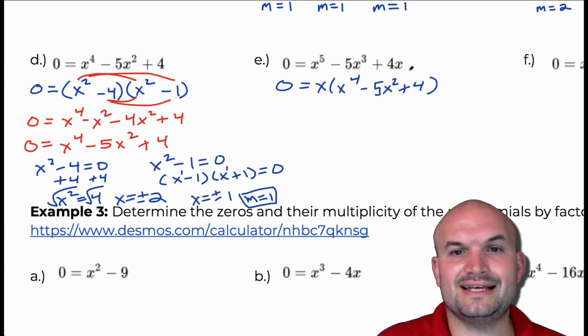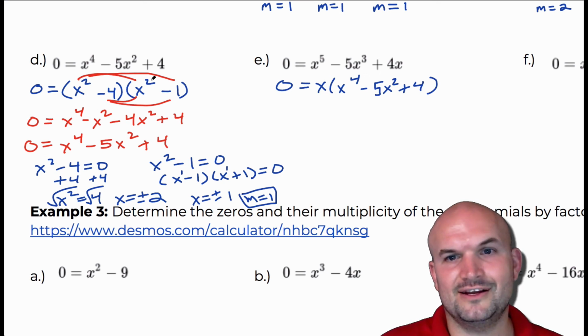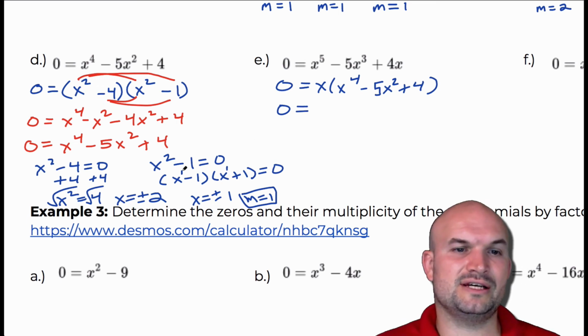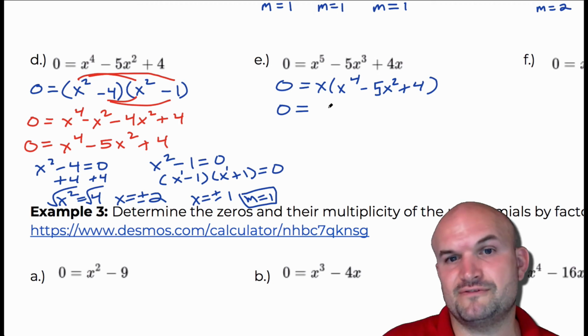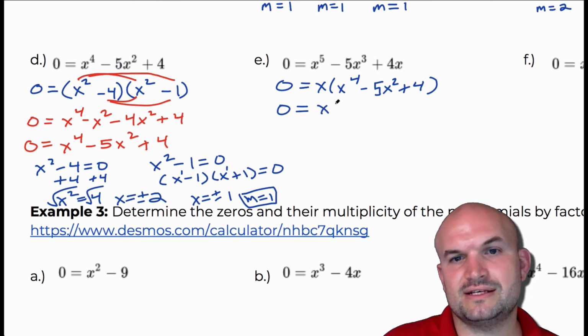All right? And then in this case, you might look at this and say, that's exactly what we had right there. So I'm going to factor this, and instead of using the square root method, I'm just going to factor this using difference of 2 squares, kind of like what I did over here. So I can rewrite this as x squared minus 4 times x squared minus 1.